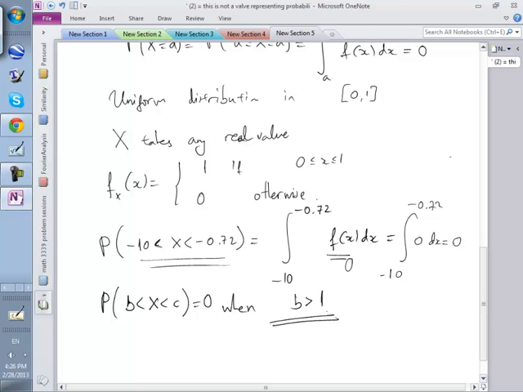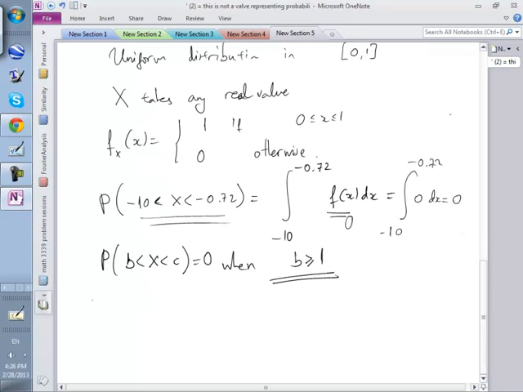Even if b is greater than or equal to 1, it would still be the same, because the integral will still be from b to c. But even if b is equal to 1, over there the value is still equal to 0, except at one point at 1.